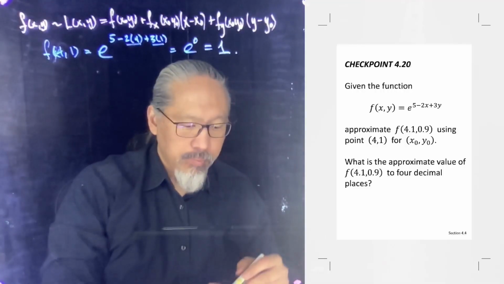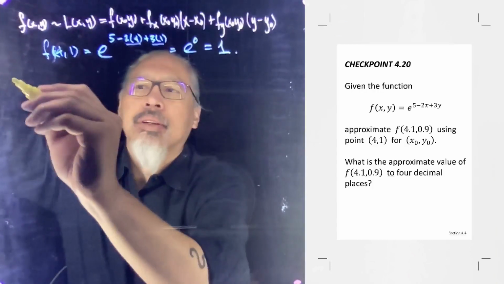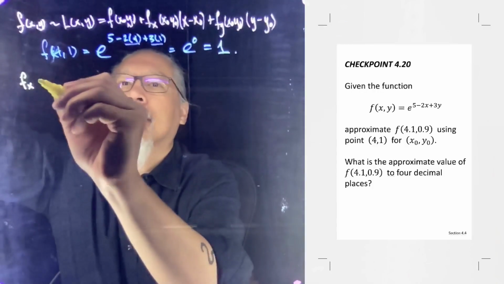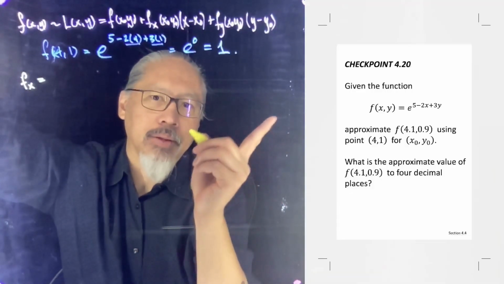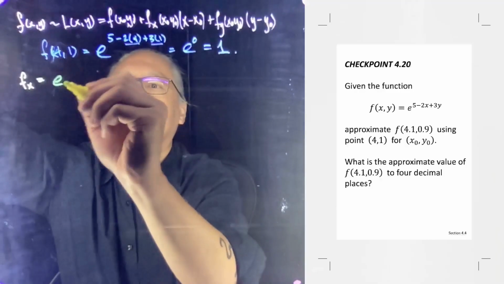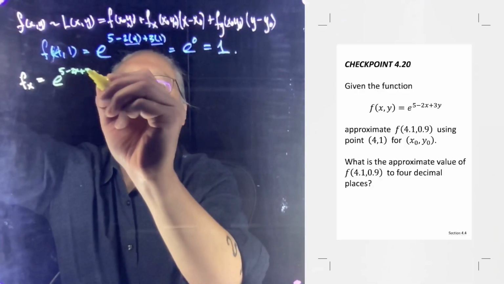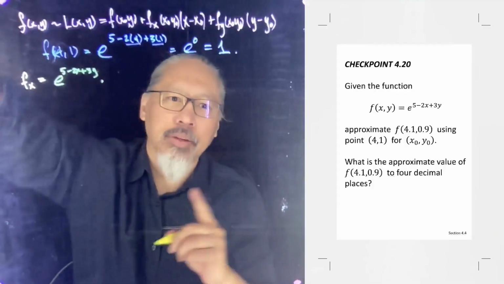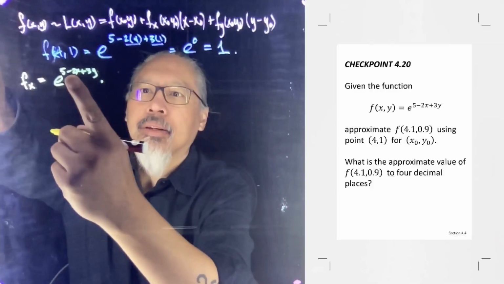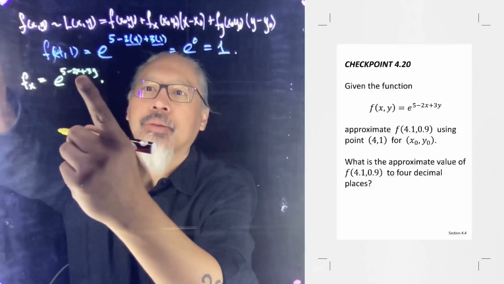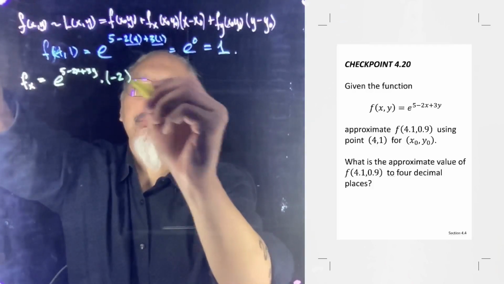Okay, now let's figure out our first derivative. Let's call it f sub x, and the derivative of the function with respect to x, you'll get the same thing, e to the 5 minus 2x plus 3y times the derivative of the inside, and the inside is going to be the derivative of 5 minus 2x plus 3y with respect to x, and that's going to be negative 2.